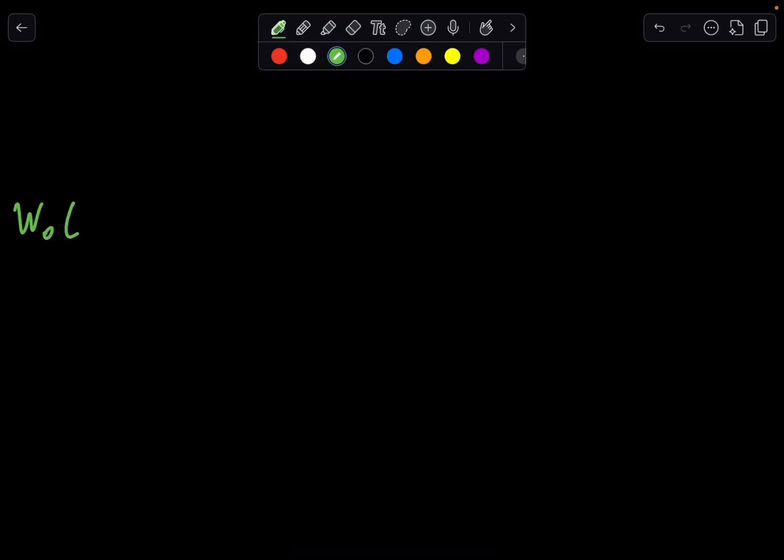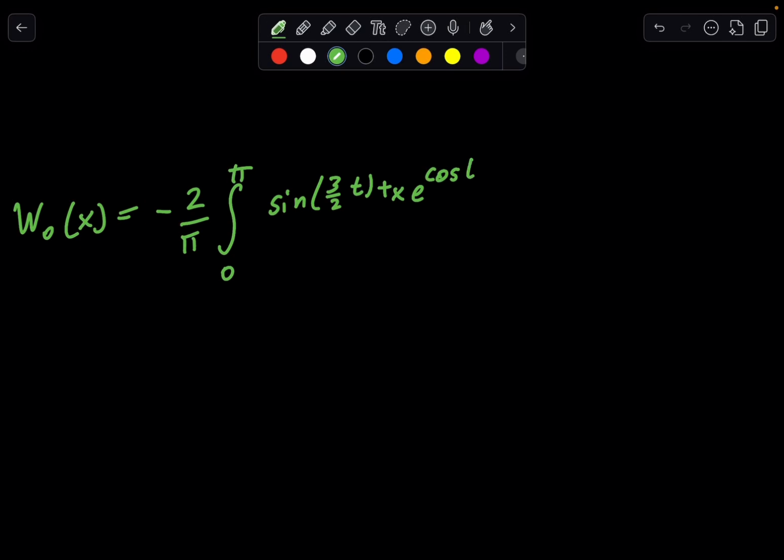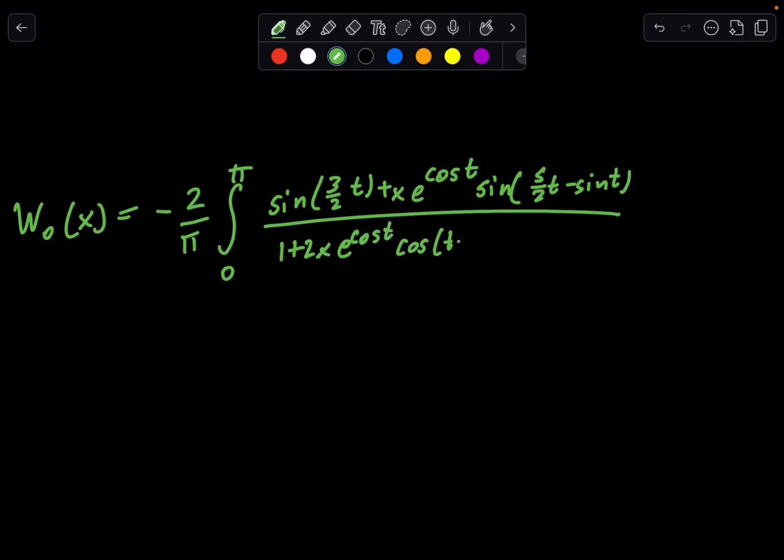The principal branch of the Lambert W function is represented as negative 2 over pi times the integral from 0 to pi of sine of 3/2 t minus or plus x e to the cosine t, sine of 5/2 t minus sine t, all over 1 plus 2x e to the cosine t, cosine of t minus sine of t, plus x squared e to the 2 cosine of t, all times sine of 1/2 t dt, for absolute value of x less than 1 over e.